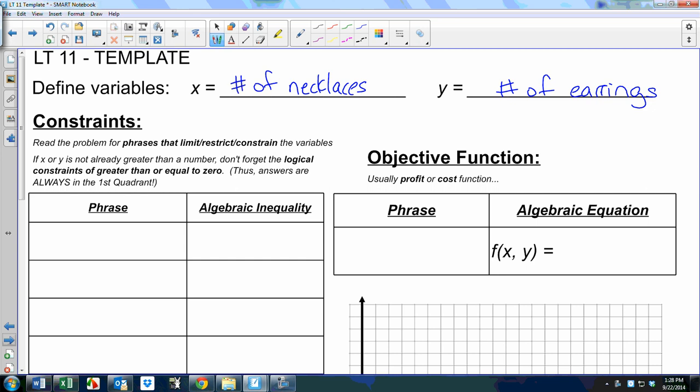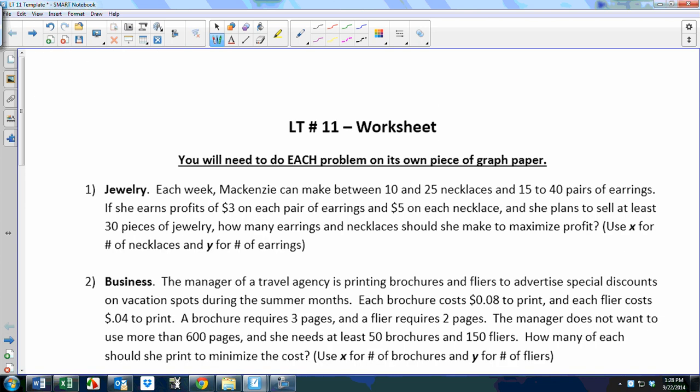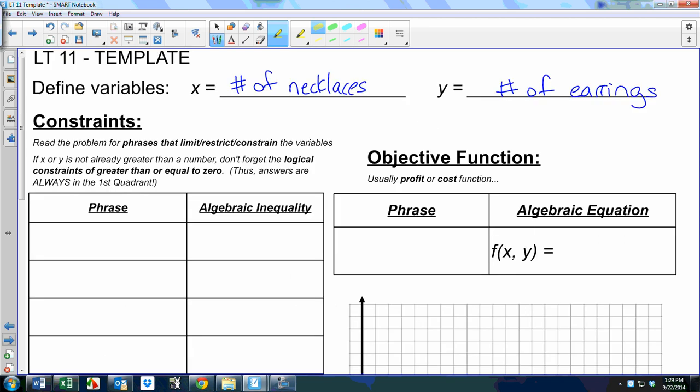All right, now we're looking for phrases that limit the number of earrings or necklaces. And as we read the problem, there's several. Mackenzie can make between 10 and 25 necklaces. So that's a phrase, between 10 and 25 necklaces, that we need to address.